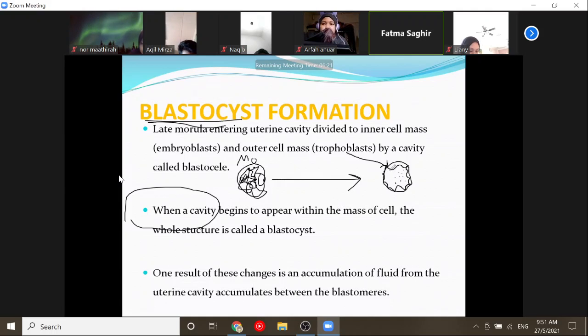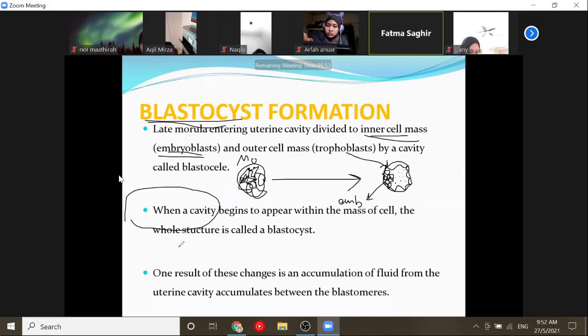Then on one side we have a group of cells, which we call inner cell mass or embryoblast. This one will give us the embryo. So this is the blastocyst.